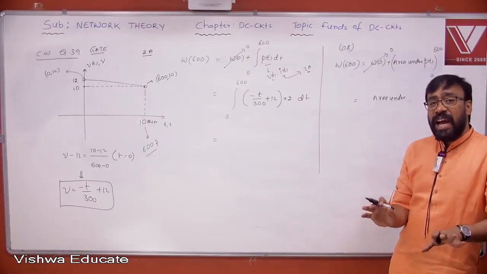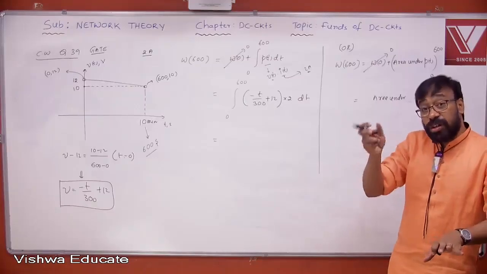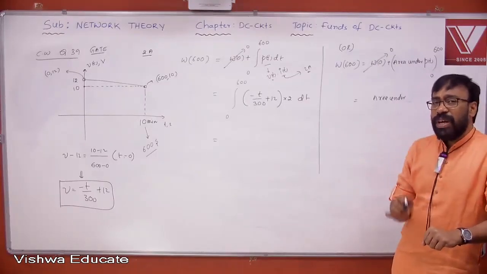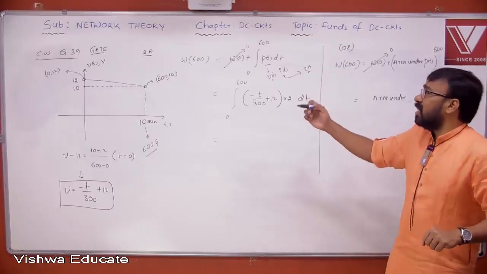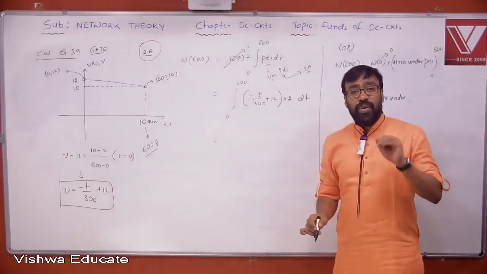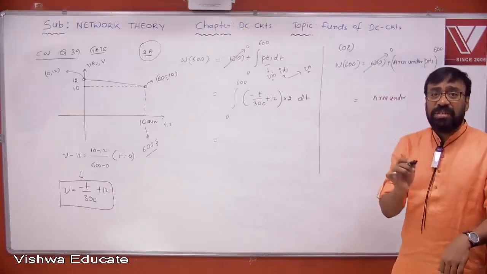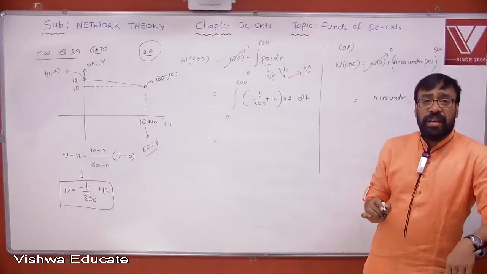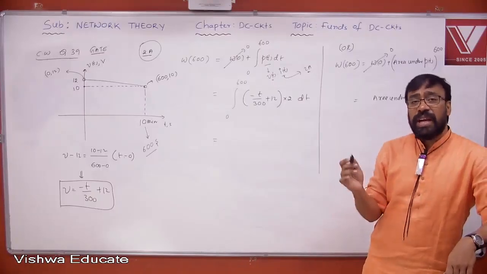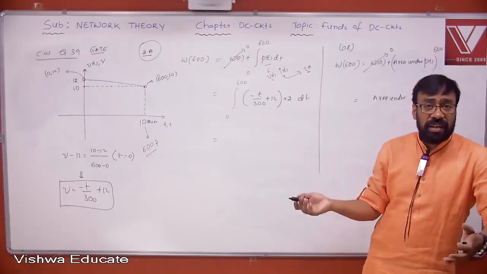But area under the product of V of t into I of t can be written. In this, what is I of t? I of t is a constant. This is 2 amperes constant given. When you have integration of a into b, suppose if a is constant, then can you write a into integration b dt? You can write.